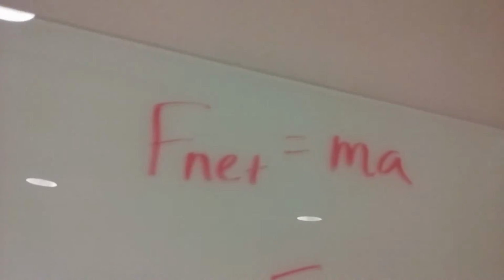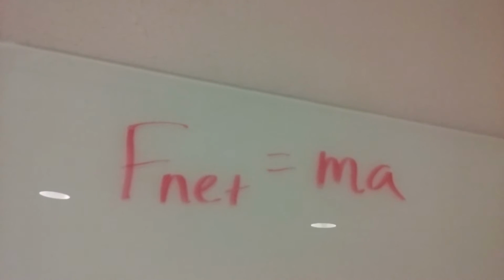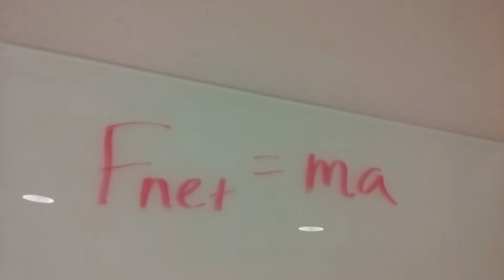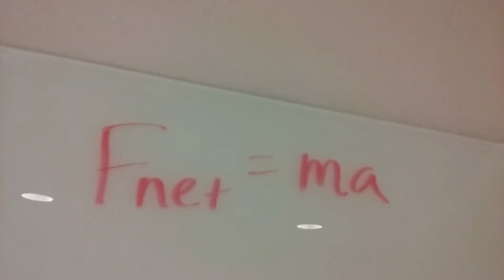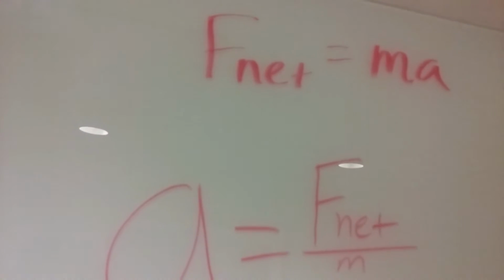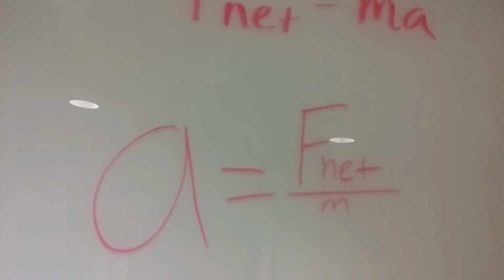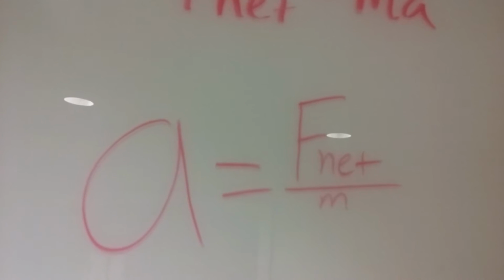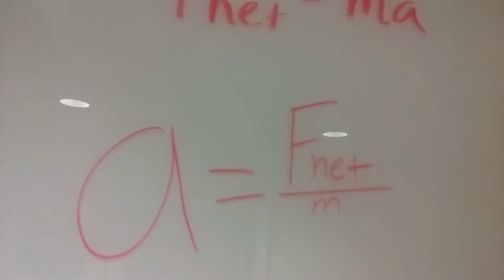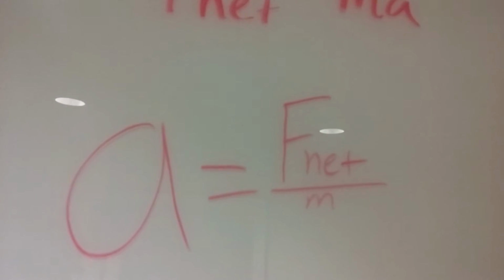Newton's second law relates 3 quantities: net force F, mass m, and acceleration a, in the equation F net equals ma. By moving it around, we can get a equals F net over m. Since the large force drawn in the bow is transferred to the arrow and the mass of the arrow is small, the acceleration will be large.